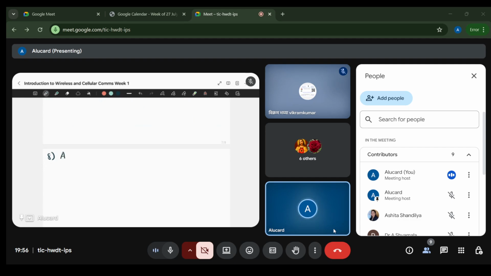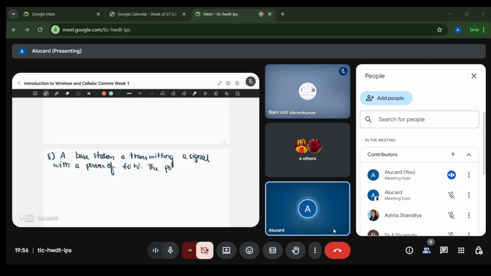Next, they are asking: a base station is transmitting a signal with a power of 40 watts.